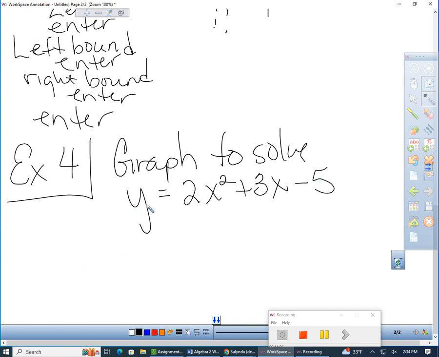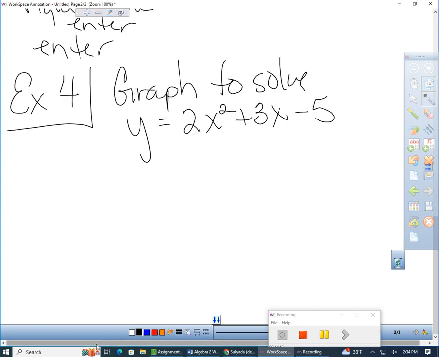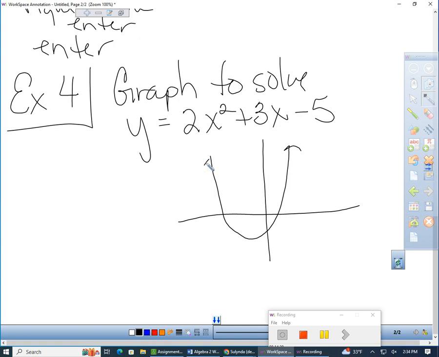All right, so I want you to put this into y equals. Then hit graph. Trace is on the top. Then hit graph. You're going to get something that kind of looks like this.